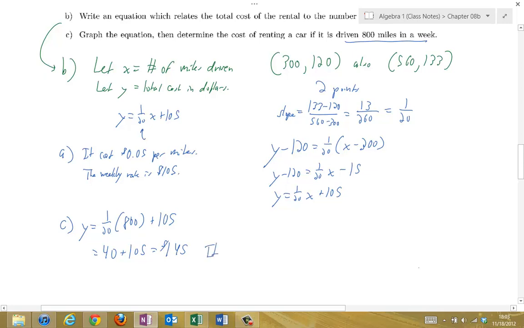So it costs $145 to drive 800 miles that week.